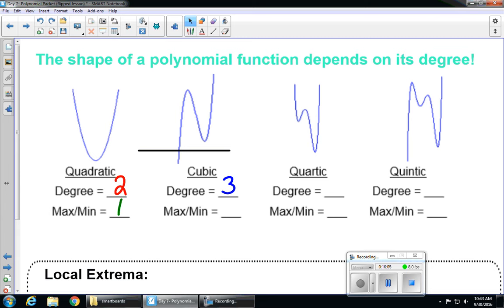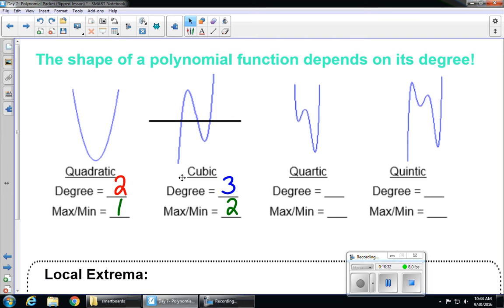If I keep moving up here, it would have a single root and a double root, or a multiplicity of 2, where it bounced. So it would only have 2 solutions. And then if I keep moving it up even further, it would have 3 solutions. And if we take a look at our maximum and minimums, there's 1 max and 1 min for a total of 2.